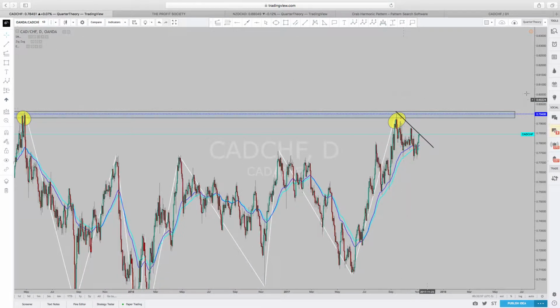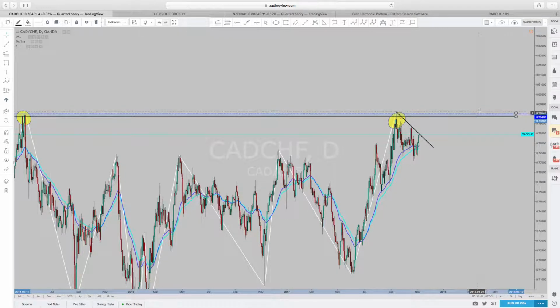We're not really going to be in a buying situation until we break this high right here, break and retest. So until that happens, we will not be taking any buys. We would have to come down, break, and then retest that area in order to take any buys. Other than that, we will be taking sells.